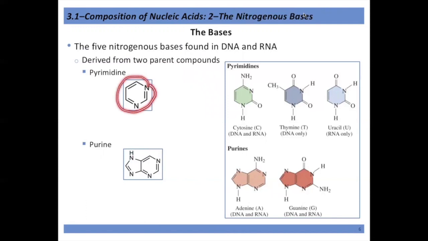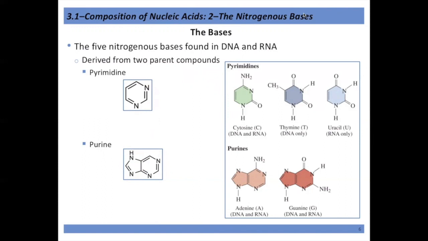This pyrimidine portion can actually be found in this purine portion. So really all a purine has is an additional appended or fused five-membered ring with two nitrogens in it. And so you'll hear a lot about pyrimidines, again, they're the smaller bases, and purines in general.